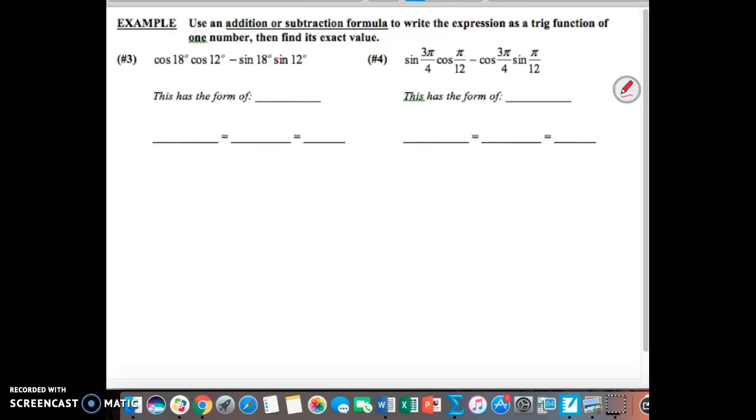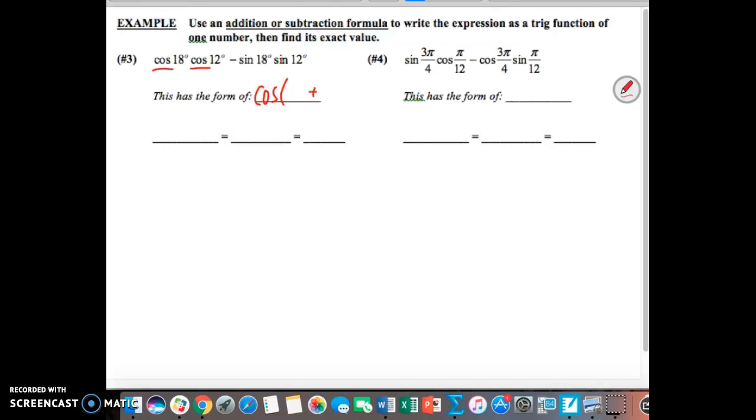Looking at our next example, it says, use an addition or subtraction formula to write the expression as a trig function of one number, and then find its exact value. So if we have cosine of 18 times cosine of 12 minus sine of 18 times sine of 12, it's important to understand that the two cosines come first, so we know that this is a cosine formula, and since it's a minus, we know cosine's always the opposite of what you see, so there's going to be an addition in the formula.